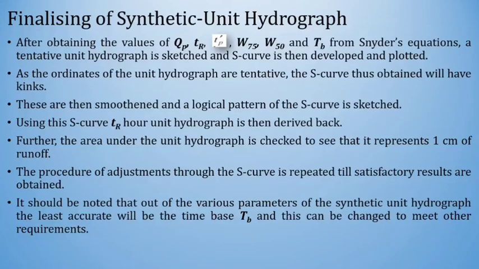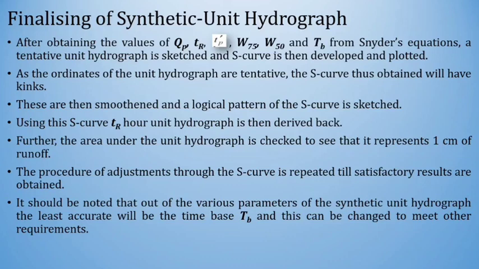Then comes finalizing the synthetic unit hydrograph. After getting the values of all these parameters, you have to plot the synthetic unit hydrograph. After obtaining the values of Qp, that is peak discharge, TR, T'p, W75, W50 and Tb from Snyder's equations, a tentative unit hydrograph is sketched and an S curve is then developed and plotted. As the ordinates of the unit hydrograph are tentative, the S curve thus obtained will have kinks.